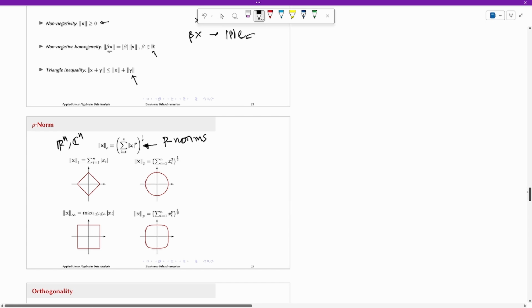The pth norm of a vector x, you take the ith component of the vector, take the absolute value or the magnitude, raise it to the power p, add all those elements together, and then take the pth root. Okay. And the pth norm is usually written like this with the subscript p, and p is a non-negative integer.